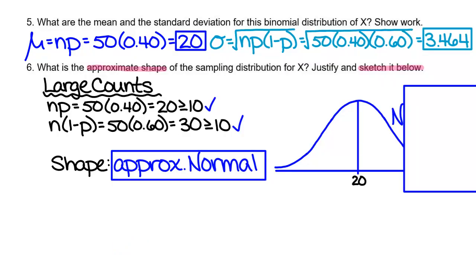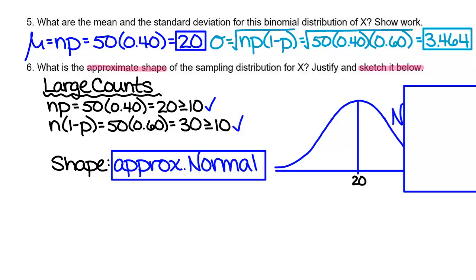No, we all are. That's why we put the big capital N next to it. So no matter how bad you are at drawing this bell-shaped curve, everybody can understand what you were intending to draw. Practice makes perfect. That's why I trace it.